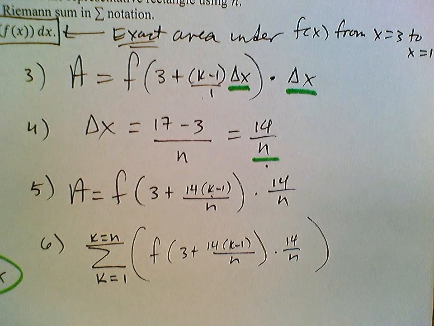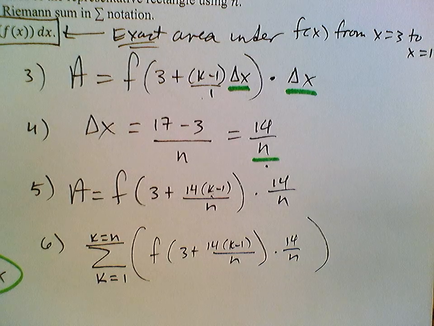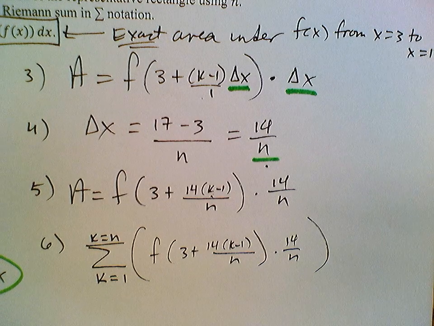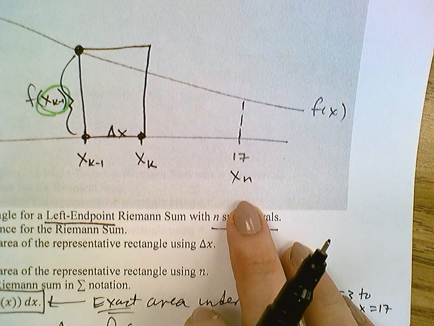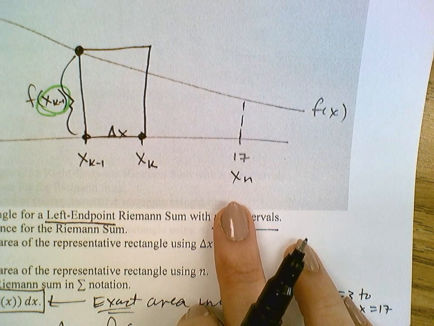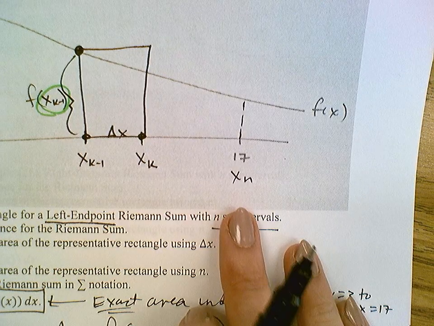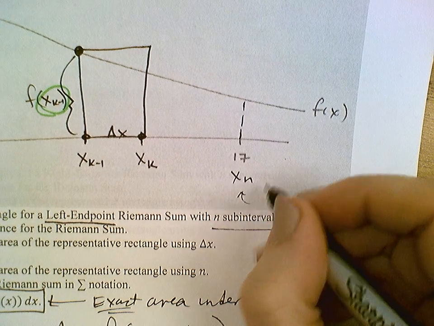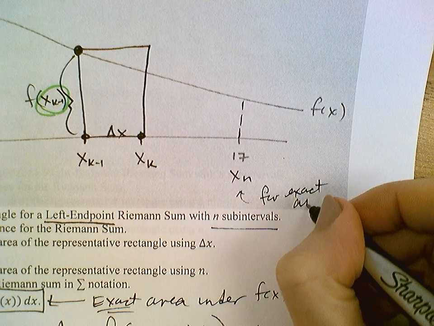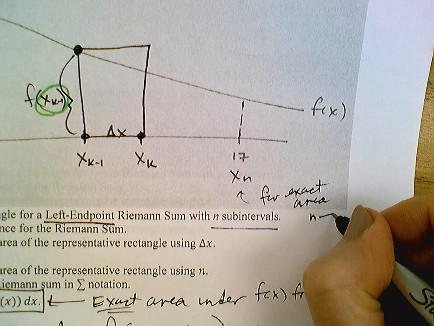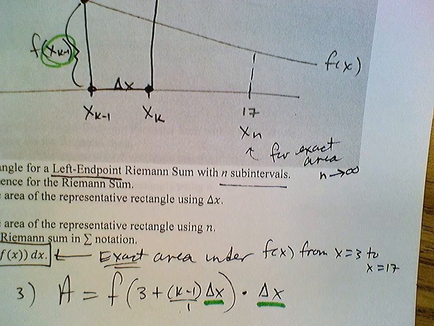And the way that you get the exact area, and this is the beauty of calculus, everything is connected, is by doing a limit. Instead of having n subintervals, we want infinite subintervals. So for exact area, we do this limit. n approaches infinity.